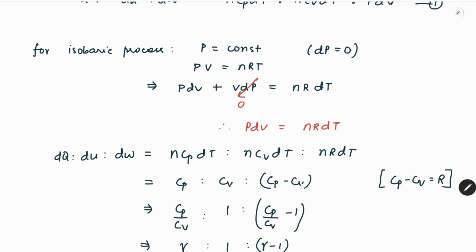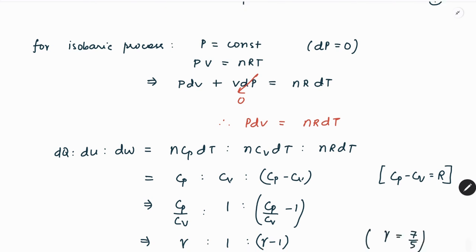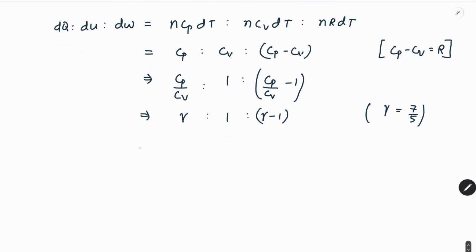Now since we have nitrogen gas which is diatomic in nature, for a diatomic gas gamma is equal to 7 by 5, and hence we can write this ratio as 7 is to 5 is to 2. Now in the problem, we are asked to calculate the heat that is to be transferred, and the work done is 2 joule.